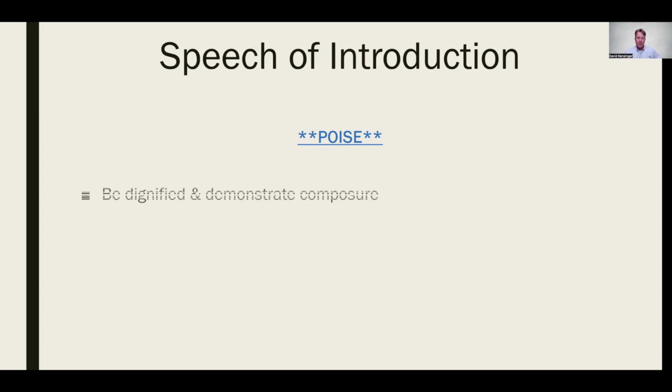We want to be a poised speaker. What does that mean? It means to be dignified and to demonstrate composure. Yes, dignity, composure. It means we're nervous, which is totally normal and human, but it means we've got this under control. And the audience isn't looking at a person who is showing all these visible signs of being excessively nervous.